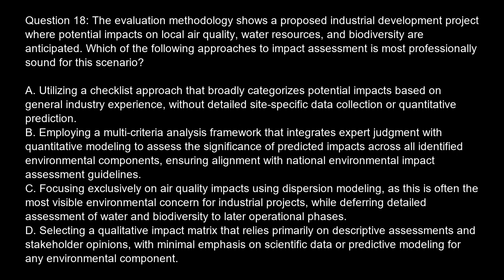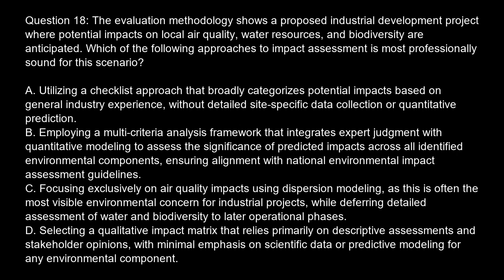Option B. Employing a multi-criteria analysis framework that integrates expert judgment with quantitative modeling to assess the significance of predicted impacts across all identified environmental components, ensuring alignment with national environmental impact assessment guidelines.